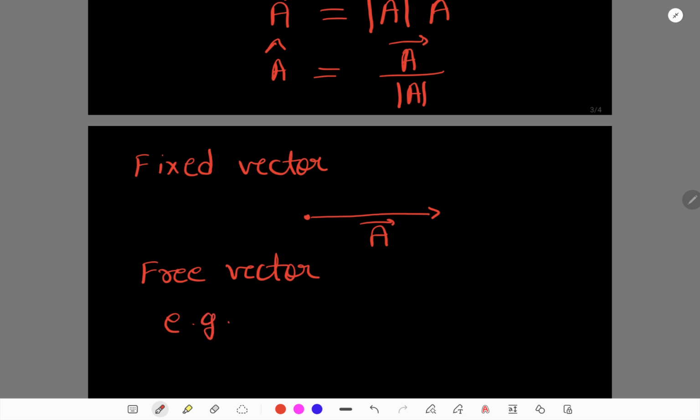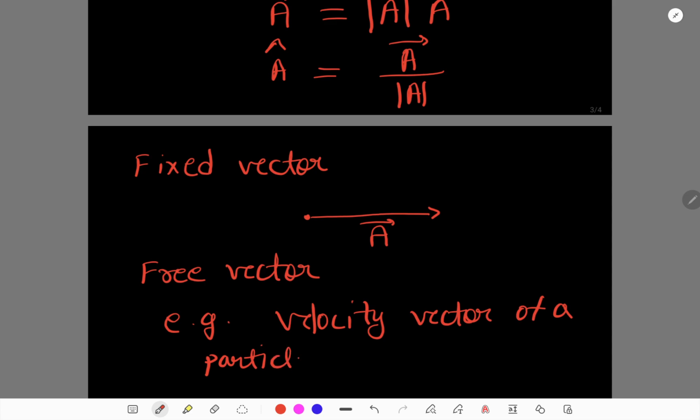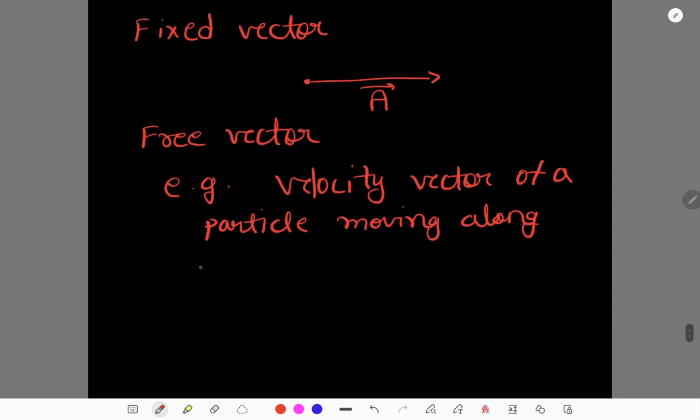Example: the velocity vector of a particle moving along a straight line is a free vector.